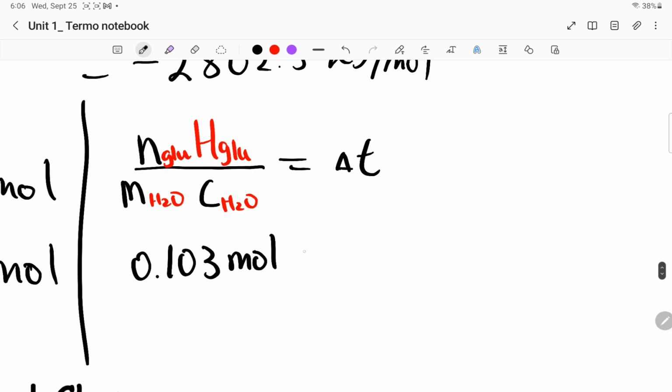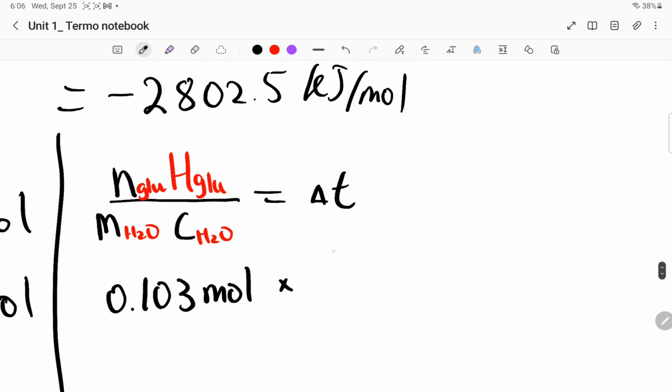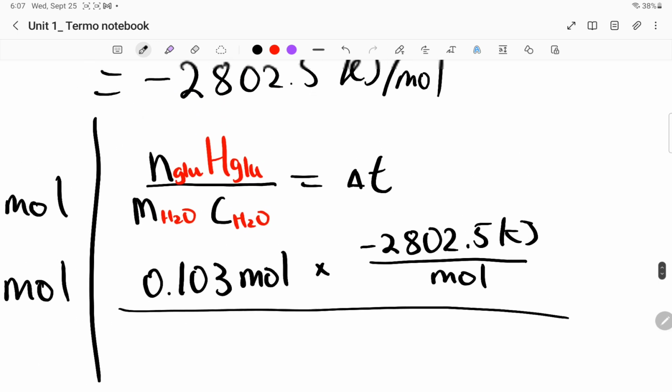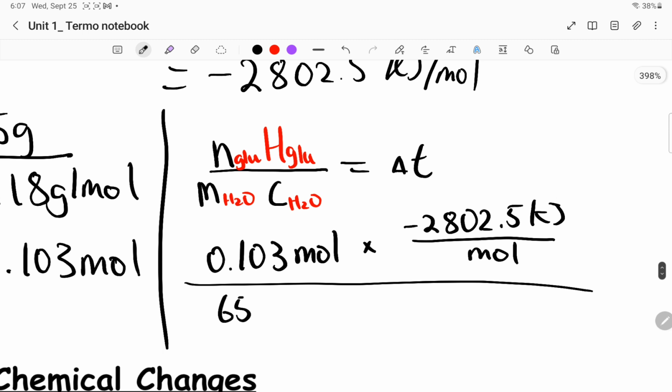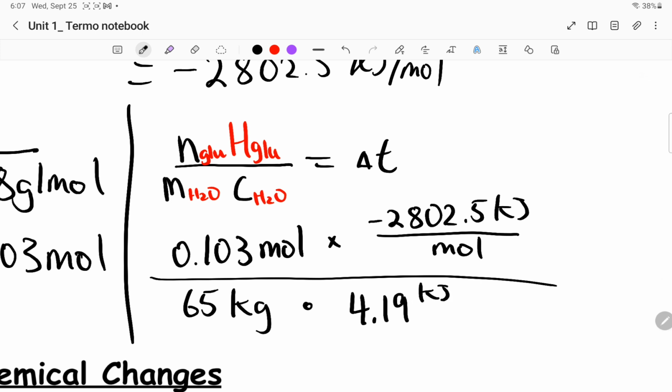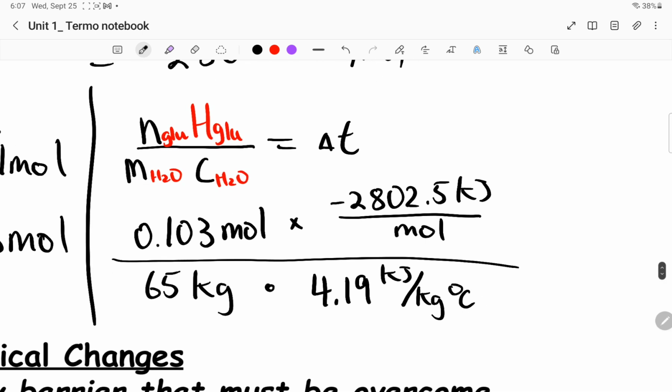Our H of glucose was negative 2802.5 kilojoule per mole. All over the mass of your H2O, which was 65 kilograms, and our C, which was 4.19 kilojoule per kilogram Celsius. All right, so we're gonna see if my units balance out.